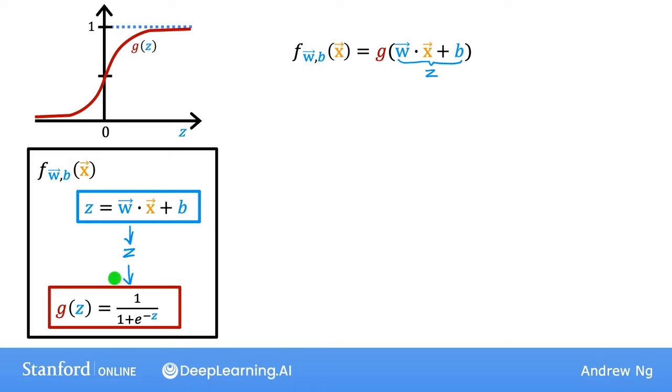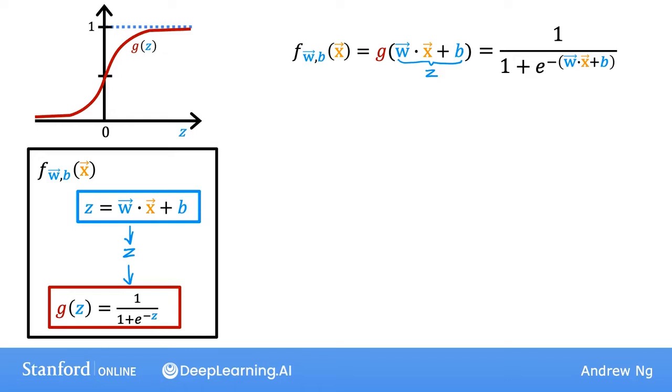And if you take the definition of the sigmoid function and plug in the definition of z, then you find that f of x is equal to this formula over here, 1 over 1 plus e to the negative z, where z is w x plus b.